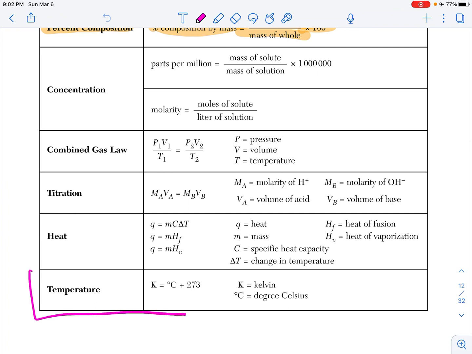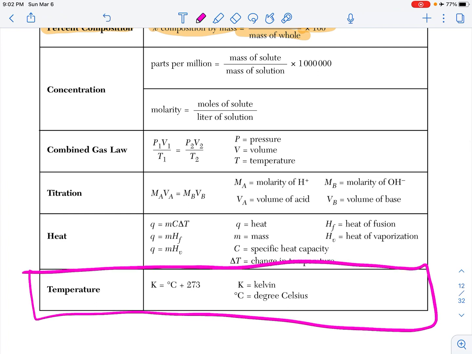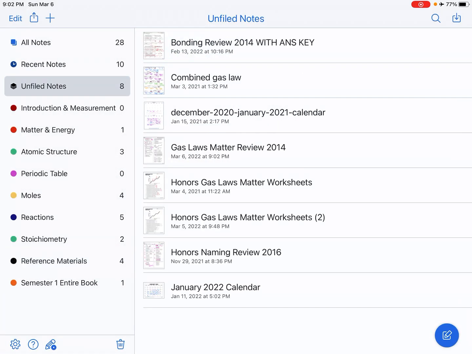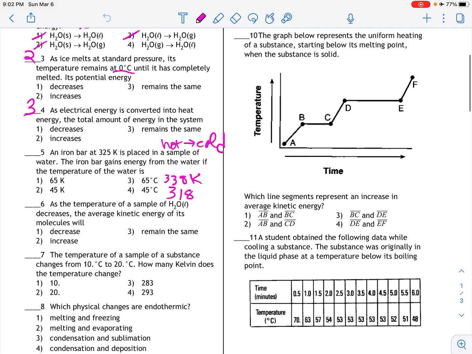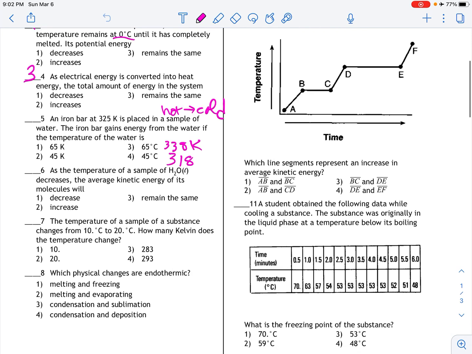Right here. Table T. To convert between Celsius and Kelvin. There it is, right there. Let's see. If the iron bar gains energy, it has to be higher. So the only one that's higher than 325 is 338, which is choice 3.